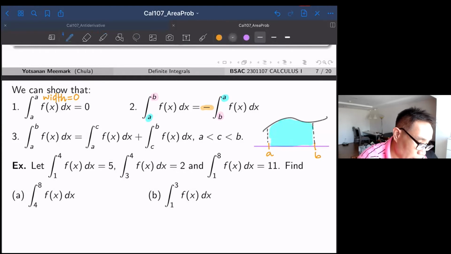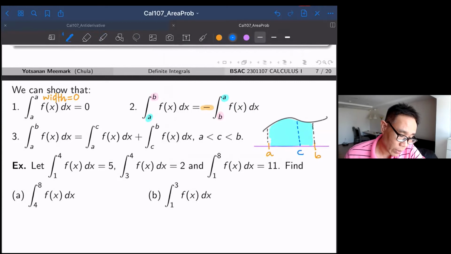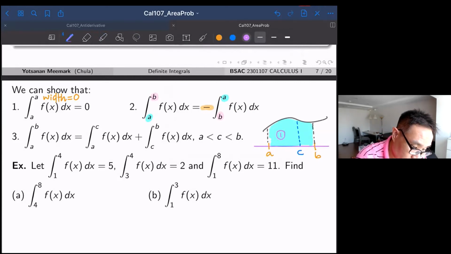And if you have c somewhere between a and b, not necessarily in the middle, you see that you're going to get two pieces: the first piece and the second piece.